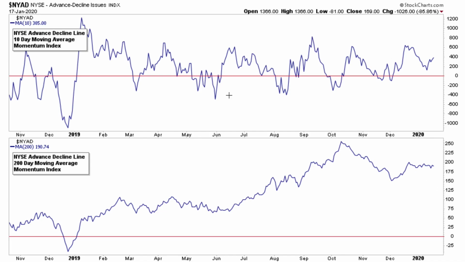Next, we've got the momentum oscillators for these, which is the 10-day moving average momentum index, which is a short-term indicator, and 200-day moving average momentum index, which is the long-term version. So these show short-term peaks and highs, troughs.